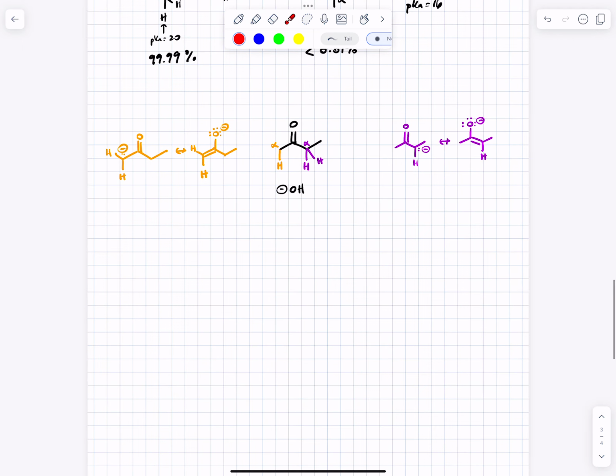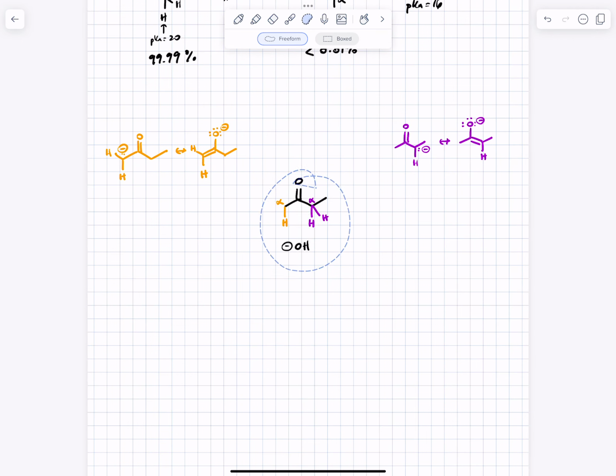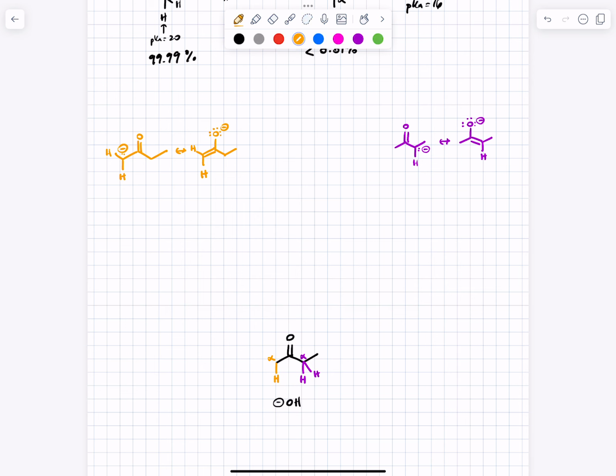Okay, so let's actually make this sort of realistic. We'll draw an energy diagram where we go from starting carbonyl compound and hydroxide to enolate and then water. Both of these enolates are going to be higher in energy than the starting material for sure.